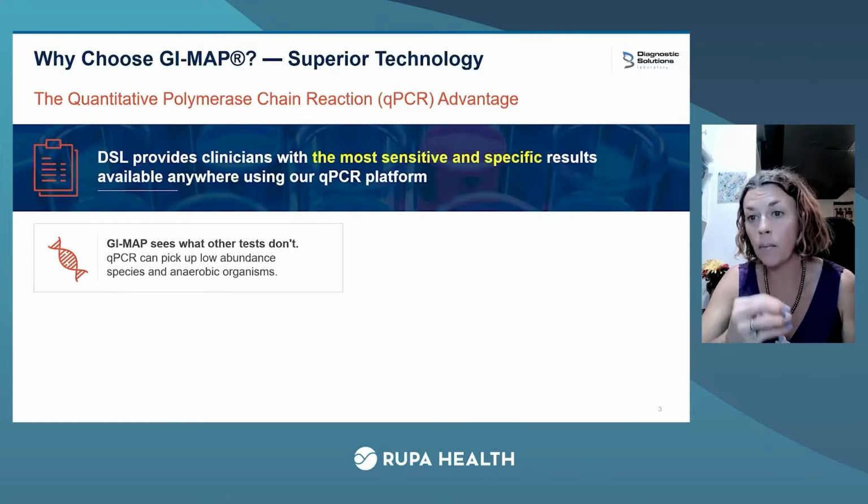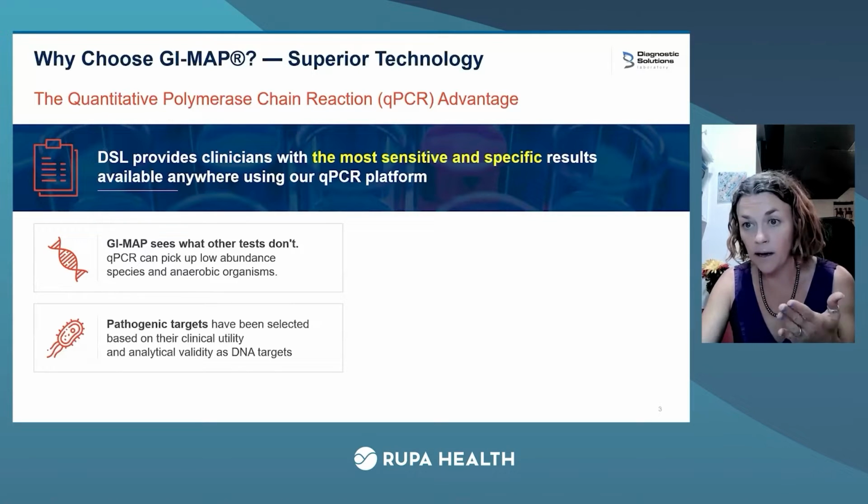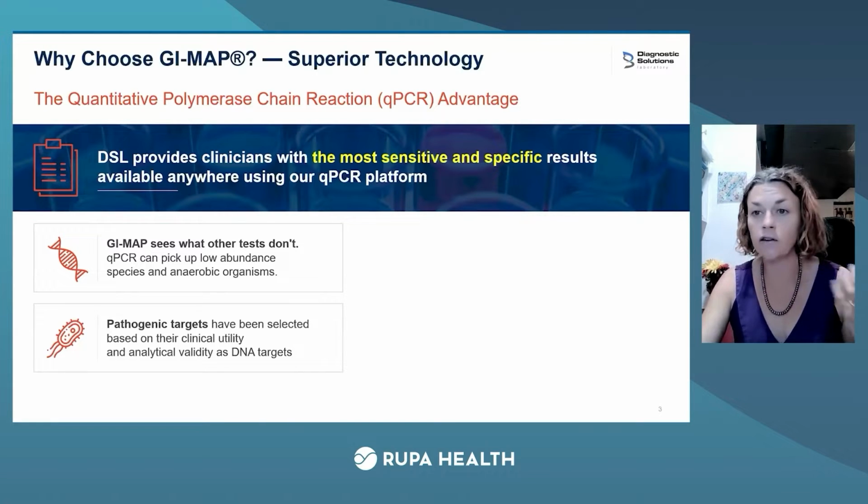We can find low abundant organisms, and for each organism we report, we are giving an absolute quantitative value. It's the readability. The test is only as good as its interpretation, and we know that. But I feel that practitioners are not fully understanding this aspect of quantitative reporting and the importance it gives, especially when you're trying to interpret the degree of magnitude of overgrowth.